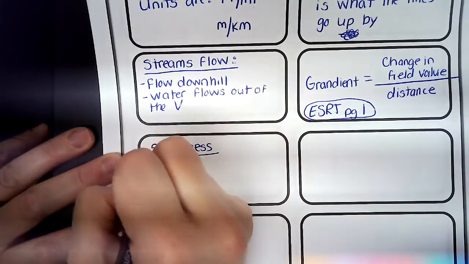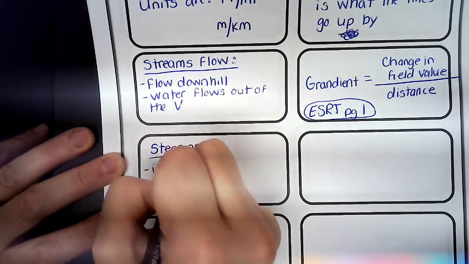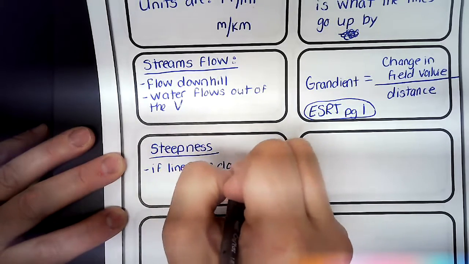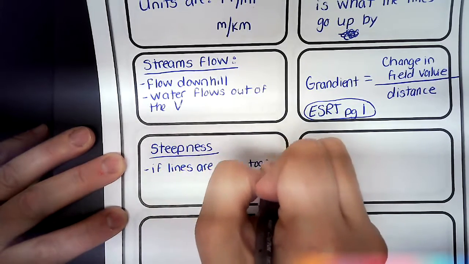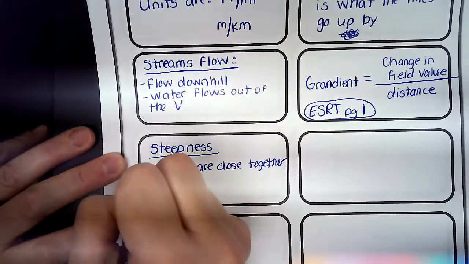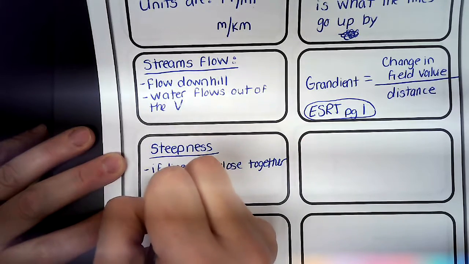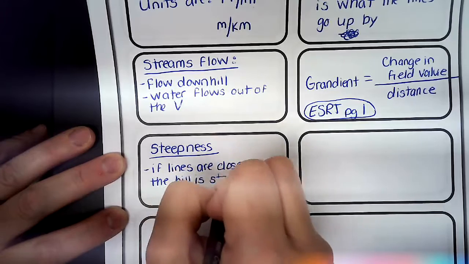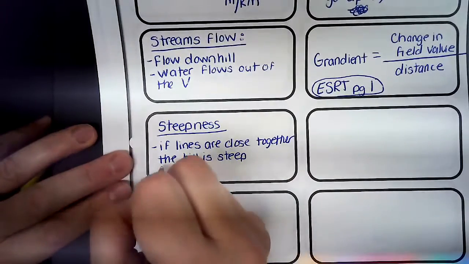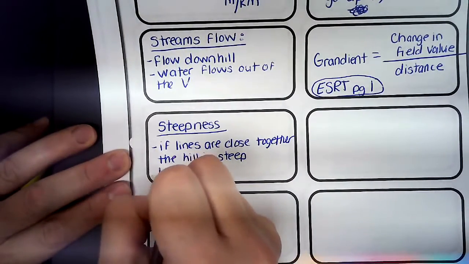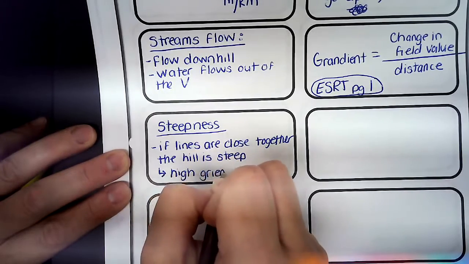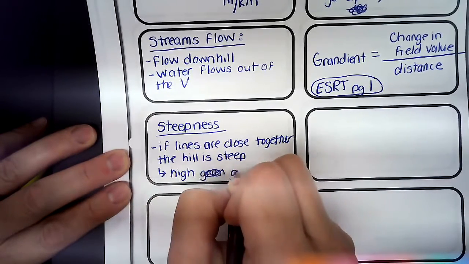If lines are close together, the hill is steep. Just so you know, another way of saying this is it has a high gradient.